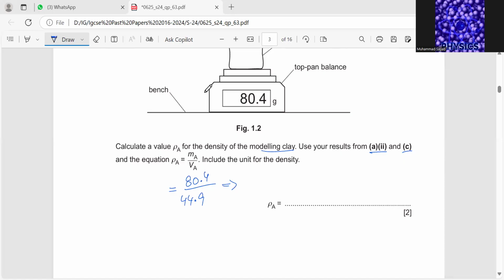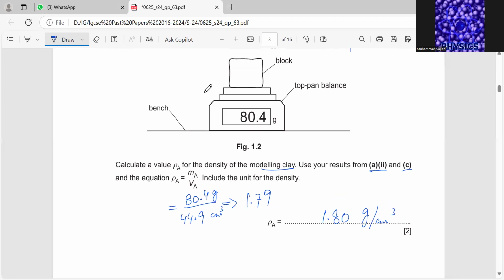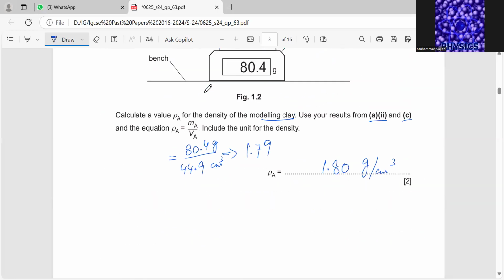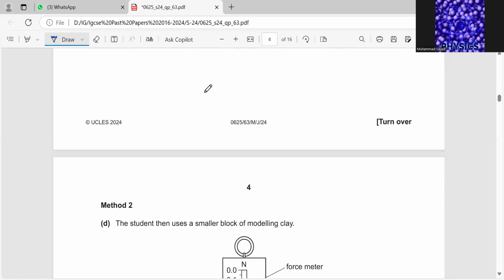The answer is 1.79, and I can round it off to 1.80 grams per centimeter cube. Mass is in grams and volume is in centimeter cube. You may be thinking, this was the value of the volume that I have used over there. Okay, let's move forward now.